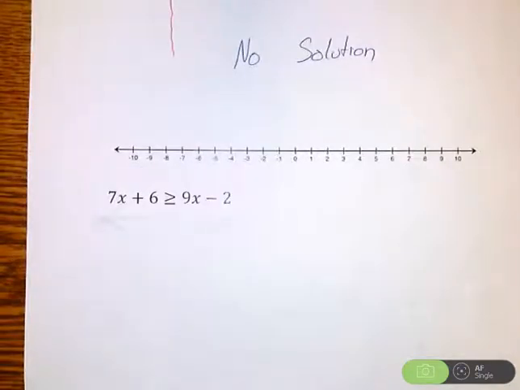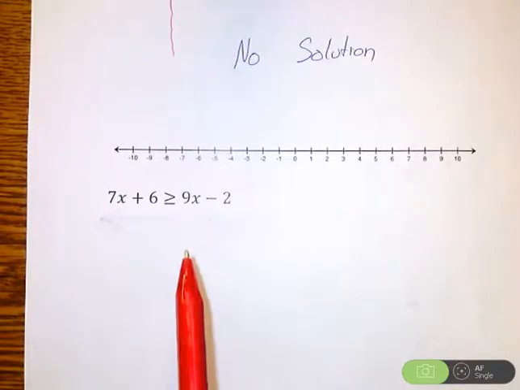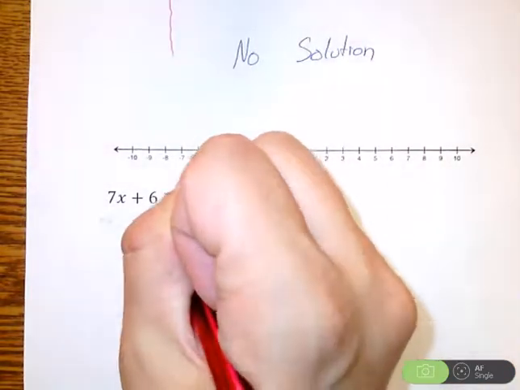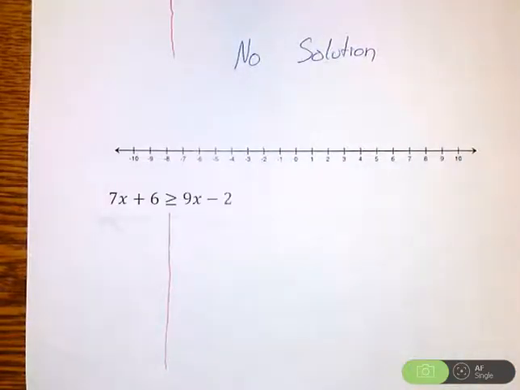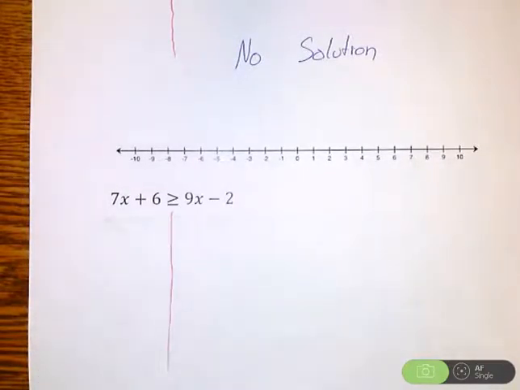I'm going to show you one last example here. I'm going to avoid the special cases and show you that we don't always get infinite solutions or no solution. Sometimes you can completely solve these. So I have 7x plus 6 is greater than or equal to 9x minus 2. I've got to get my x's on the same side. I have x's on the left and x's on the right. Before I isolate x, we've got to get them together.